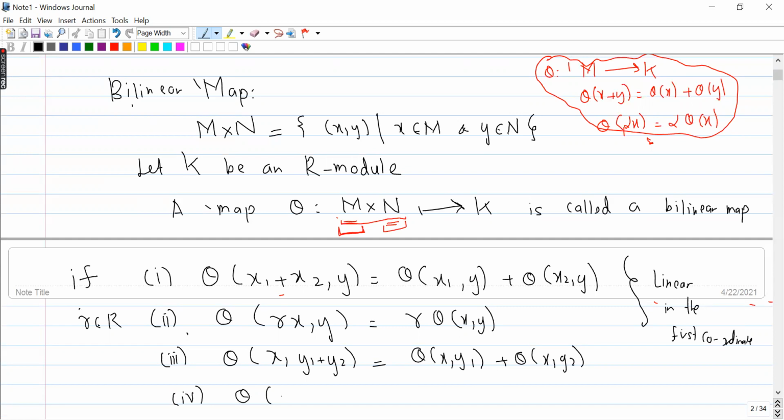And theta of (x, r y), where again r is an element of the ring, is equal to r times theta of (x, y). So this is the definition of a bilinear map. A map theta from M cross N to K is called a bilinear map if it is linear in the first coordinate, satisfying conditions 1 and 2, and it is also linear in the second coordinate.